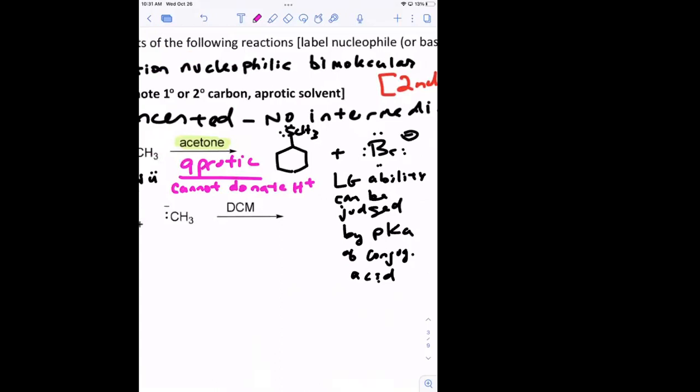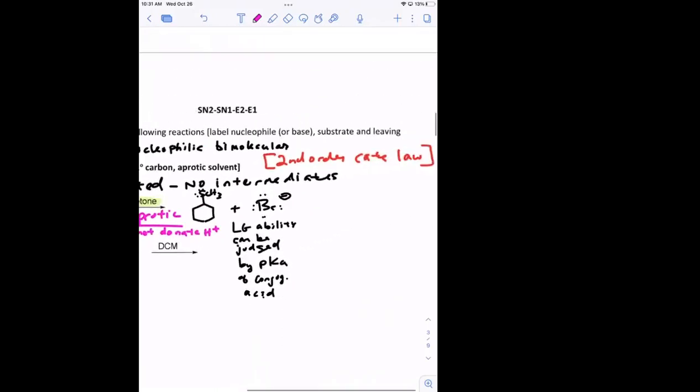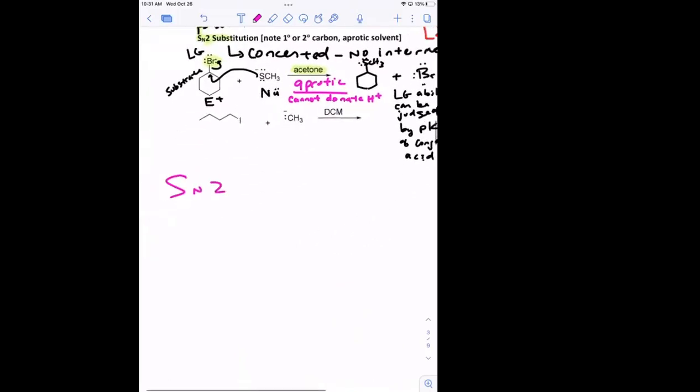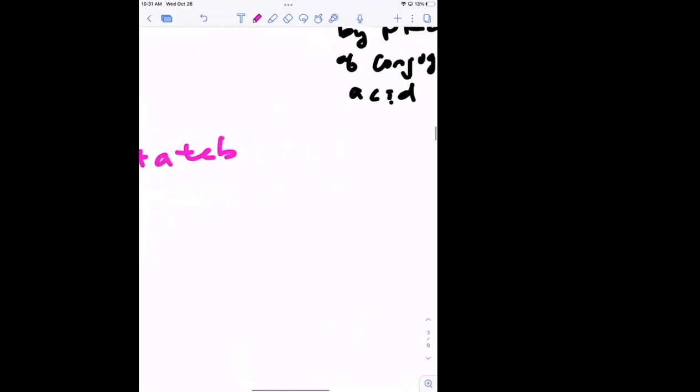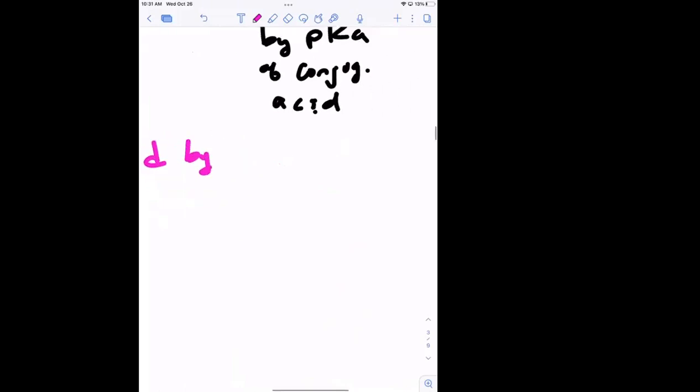I'm going to talk about that too. What I just said about SN2, they happen faster in aprotic solvents. So it's facilitated by aprotic solvents.